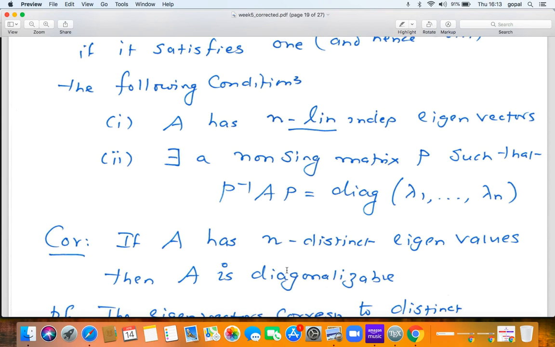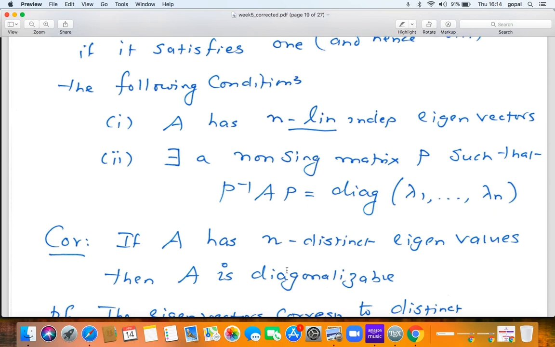Suppose a matrix has n distinct eigenvalues, lambda 1, lambda 2, ..., lambda n. Then what happens? Remember, in capsule 11a, we proved a theorem: if lambda 1, lambda 2, ..., lambda k are k distinct eigenvalues, and the eigenvectors are v1, v2, ..., vk, then v1, v2, ..., vk are linearly independent.